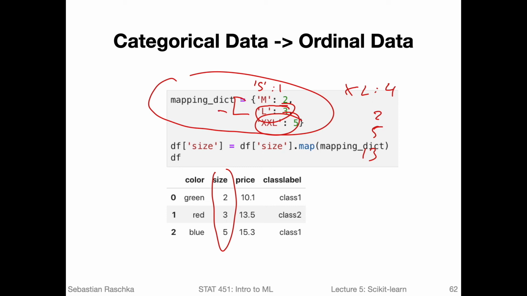So what I mean is the interval between those two doesn't have to be like the interval between L and XL, it could be a different size. So that is something that really depends on the application or on the data set. There's no way that there can be an automatic way for assigning these numbers, and that is where a domain expert who knows about the data would come in handy.